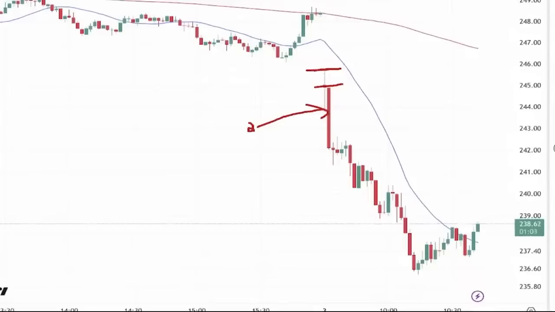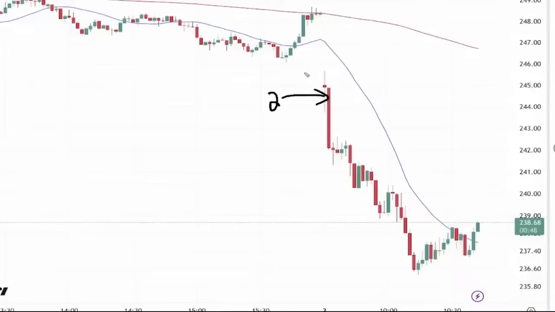And here's how I would have played the first part of the move, which I didn't get. I would have gone in as soon as I saw some red. Let's say I did 2 lots. My 2 lots are a different size than yours. Stop. I'm going to take some profits on this drop. I am going to position myself for a bounce.